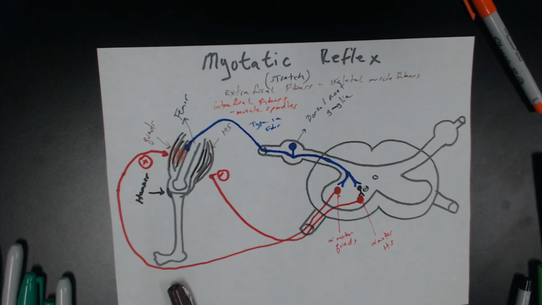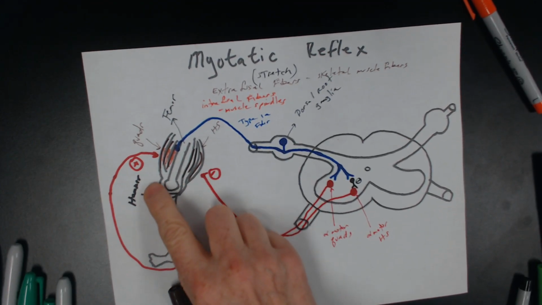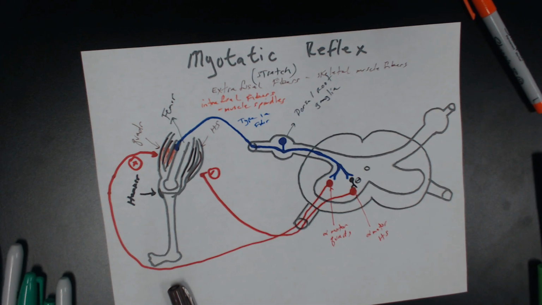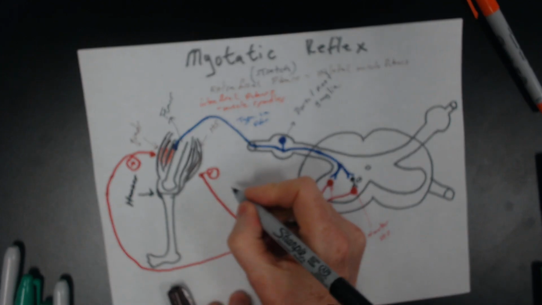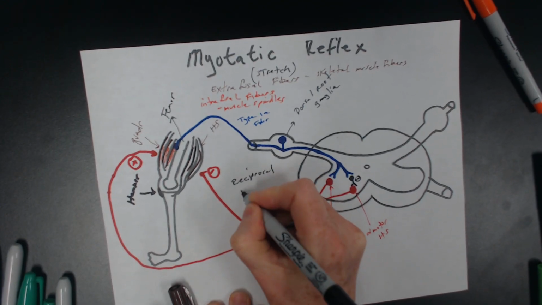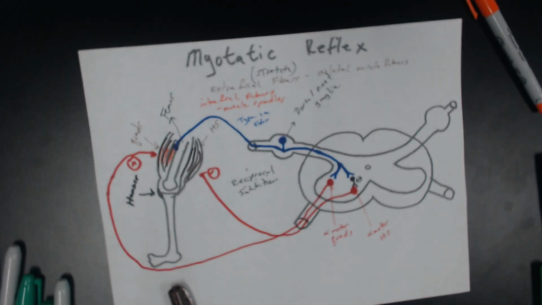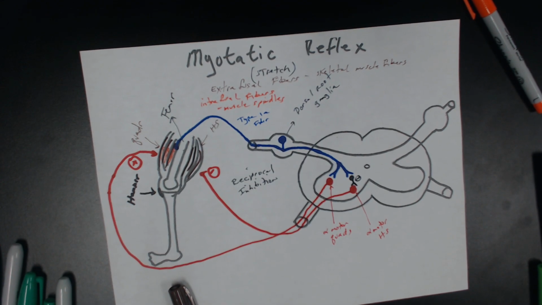Okay, so that process of activation of the agonist and inhibition of the antagonist with a simple tendon tap is known as reciprocal inhibition. Okay, and that means nothing more than the agonist is activated and the antagonist is inhibited in order to see the muscle action of the agonist. Question? Reciprocal inhibition.